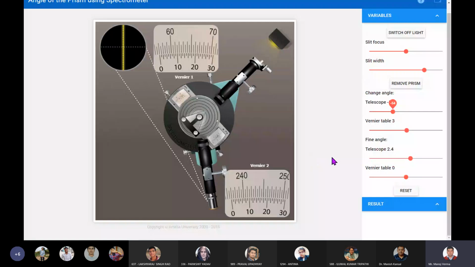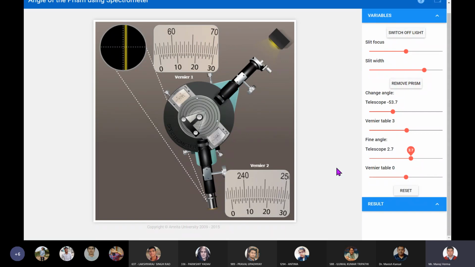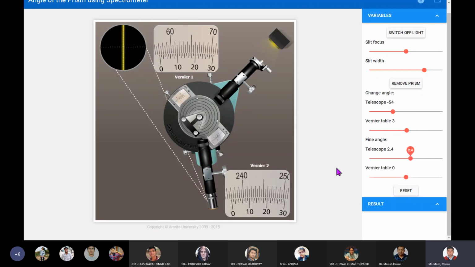Again, if you have encountered this slit onto your crosswires onto your frame, then also you can fine tune the telescope just like this. In this case, it is decreasing very less. It is moving very slowly. To actually place it on the crosswire, you can use this fine angle control.